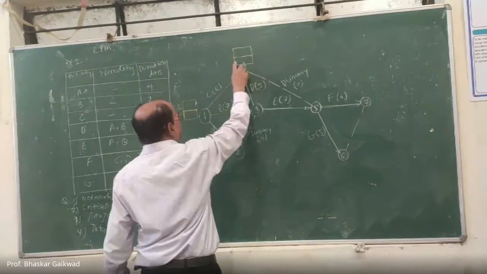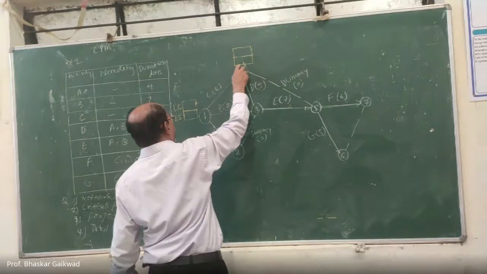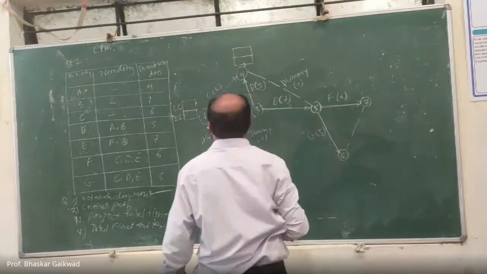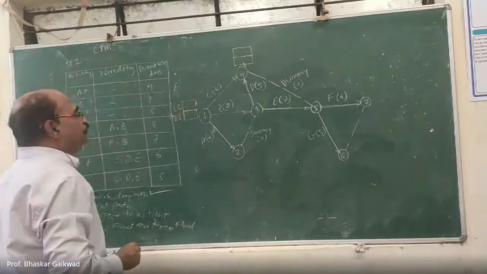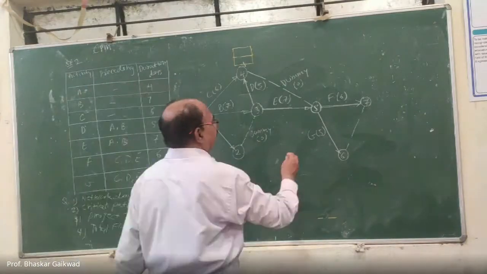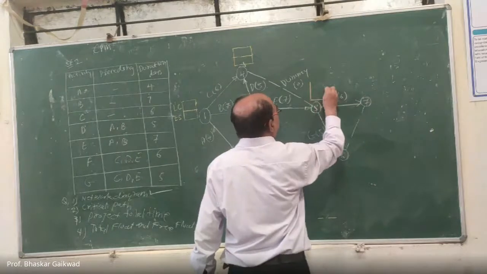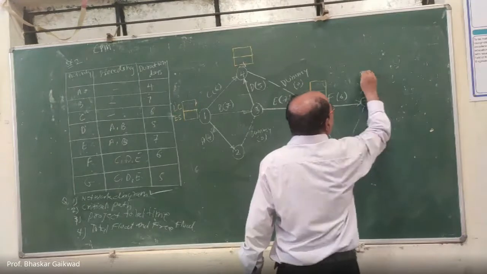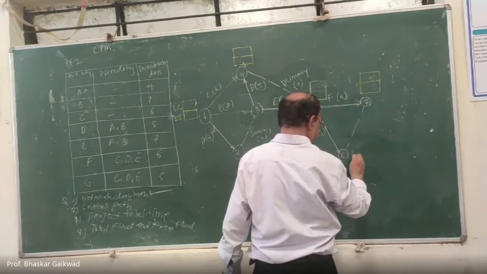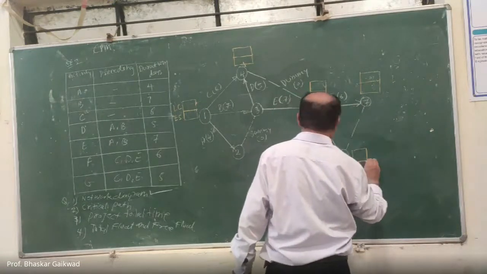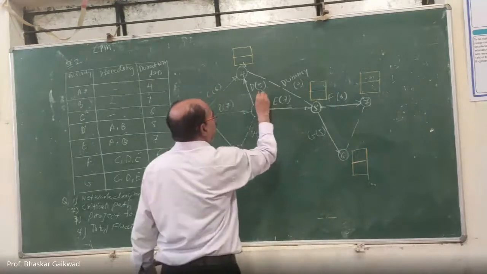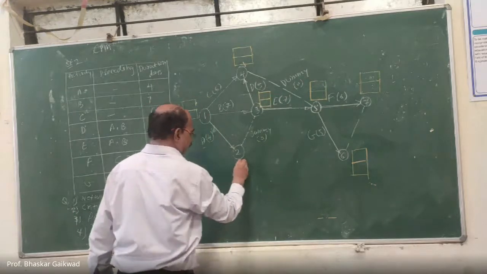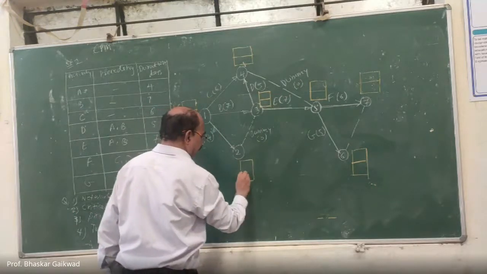So this is for this activity, this is Z, and for this activity, this is I. Each node you can make like this way. This is the same for all activities.